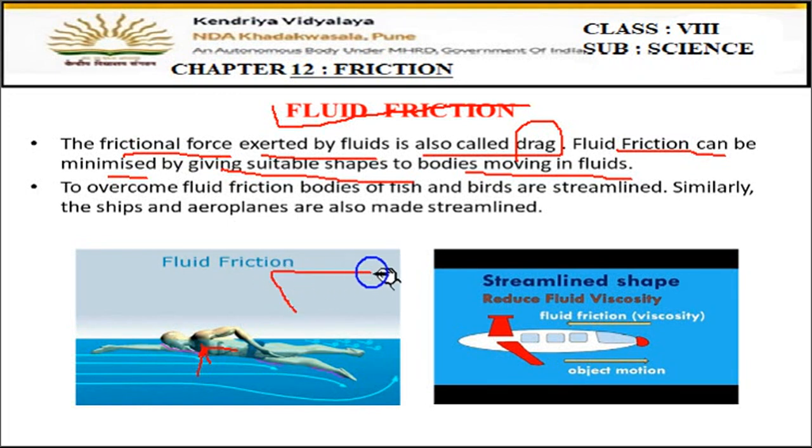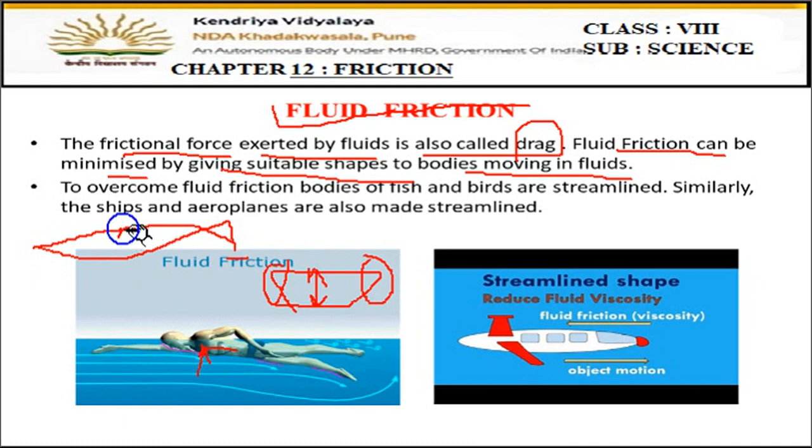Now you can see the boat shape is like this, right? Here you can see that the starting point is narrow, the ending point is also very narrow, and in the middle there is a broadness in the body. Fishes also have a streamline shape, like this fish's shape. The starting end is narrow, the ending part of the body is also narrow, but in the middle the body is broad.